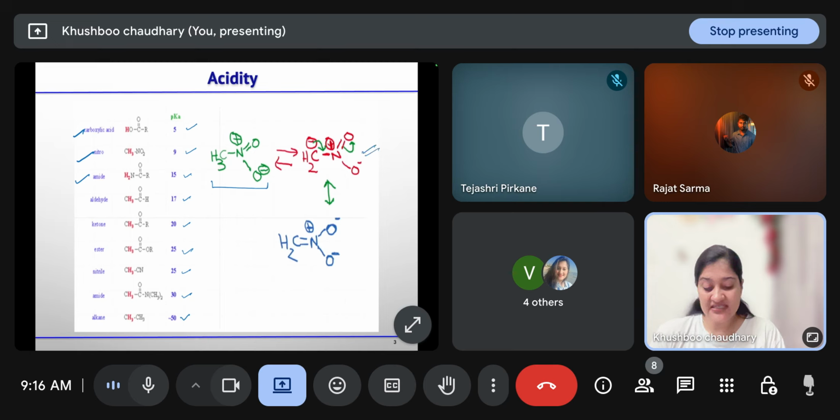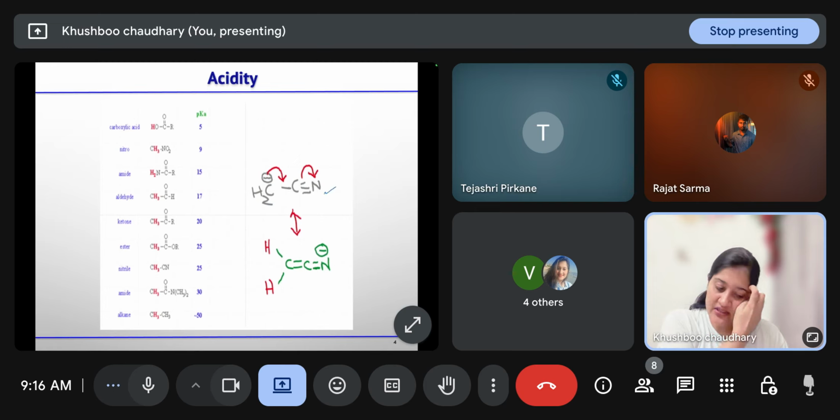So the stronger acids have conjugation or other stability factors that stabilize the conjugate base, and that's why they are strong compared to the others. Similarly, in the case of nitrile, the negative charge is stabilized by conjugation with the nitrile group, making it more acidic.